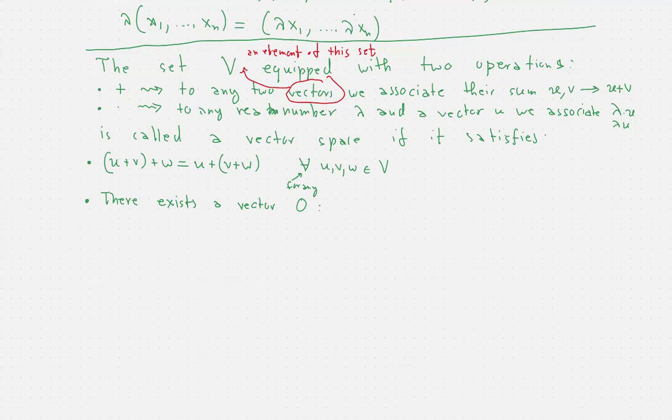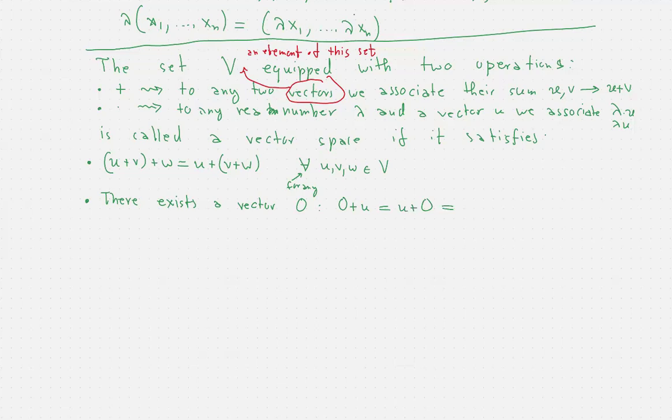So you can give it a specific symbol. But this vector works in a neutral way when it's being applied to any other vector through addition. So it doesn't affect any vector when we add to it.